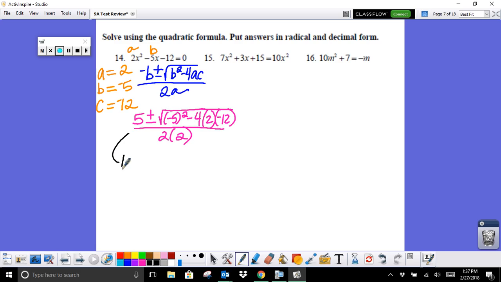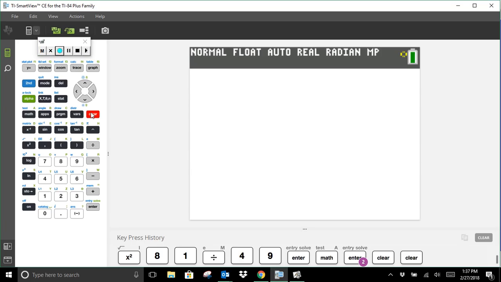Okay, so if I were to now simplify this one more step, I'm going to have 5 plus or minus. Now here's what I would do if it were me. I would type everything under the radical in my calculator. I'm not going to type the radical in, I'm just going to type everything underneath it in.